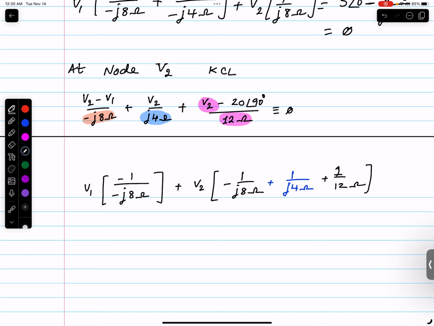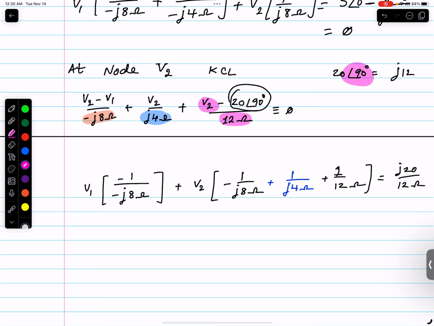All of that equals J20 over 12 ohms. You think about it, 20 angle 90 is nothing but J20.